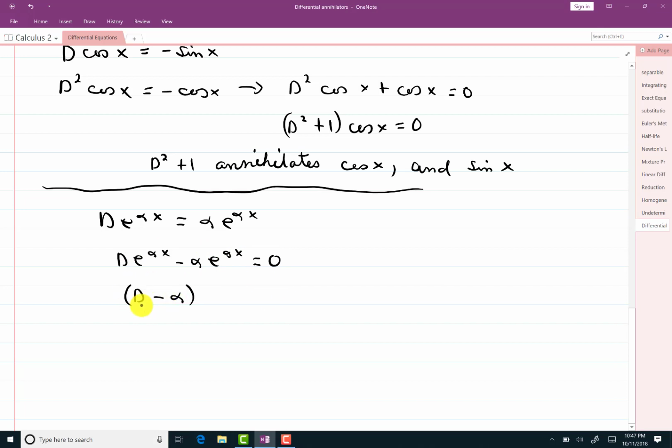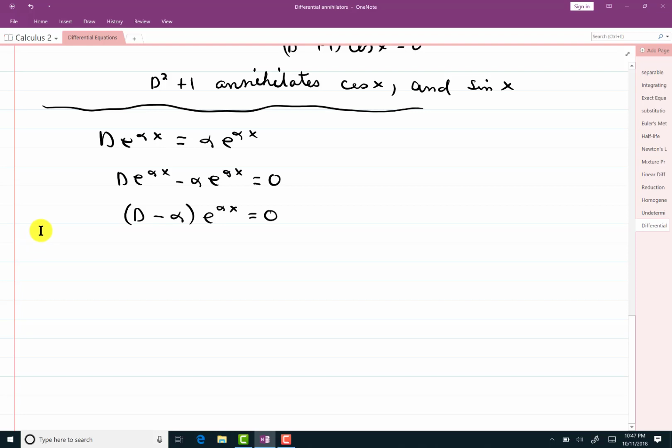Actually, let me factor the e to the alpha x out. And as you can see, d minus alpha annihilates e to the alpha x. So that's what we're talking about here.